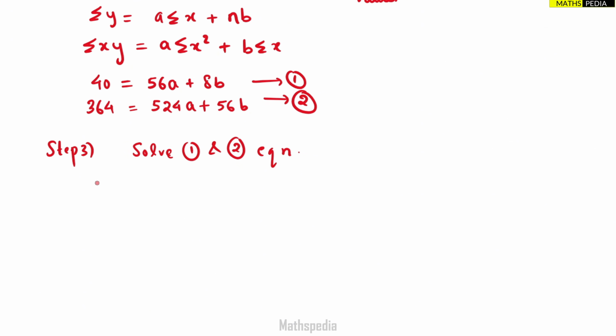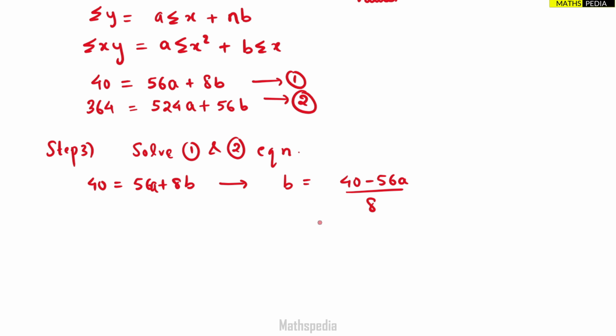So I'll take up the first equation, which is 40 equal to 56a plus 8b. Very small equation I have taken so that I don't want to complicate. From this I am going to take one variable, keep one variable on one side. So b is equal to, what will happen, 40 minus 56a divided by 8.